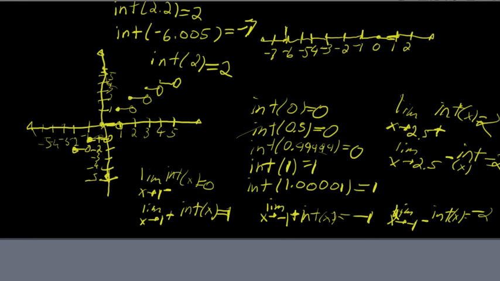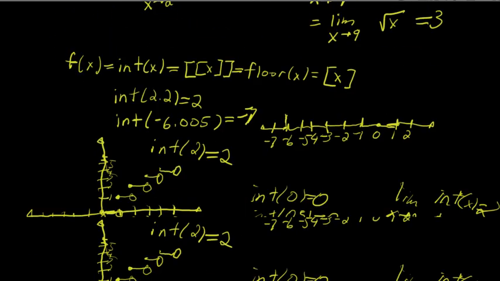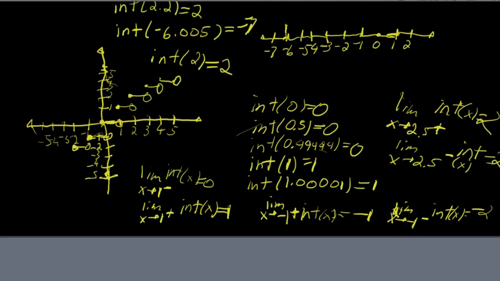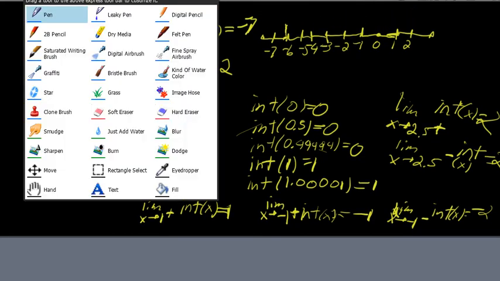And this may have not shown up on the screen, but hopefully you got the point I was trying to make. Let me go ahead and erase some of this here.